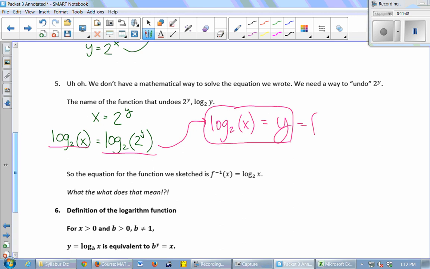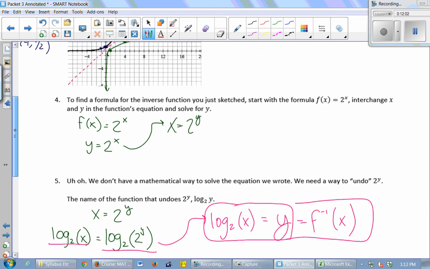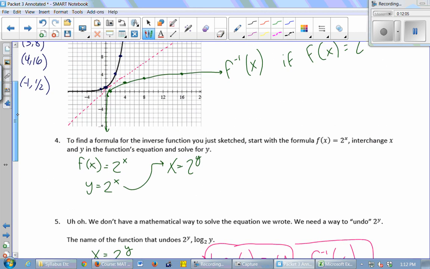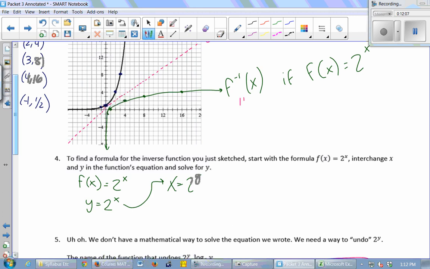This is f inverse of x. That is the inverse function of 2 to the x. So we already had a picture of it. We just needed to name it, right? So it's named log base 2 of x. That's an equal sign, log base 2 of x. That's the name of that green function.